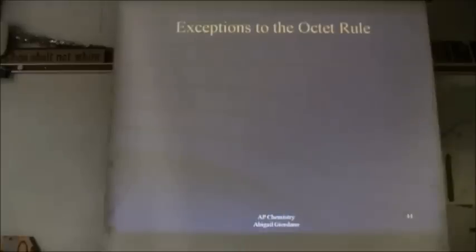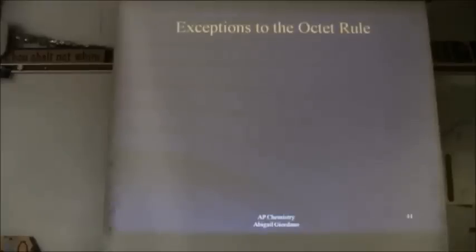Most elements that we deal with when we're drawing Lewis structures want to have 4 pairs of electrons around them, but we saw some exceptions. How many pairs does hydrogen want next to it? 1 pair.